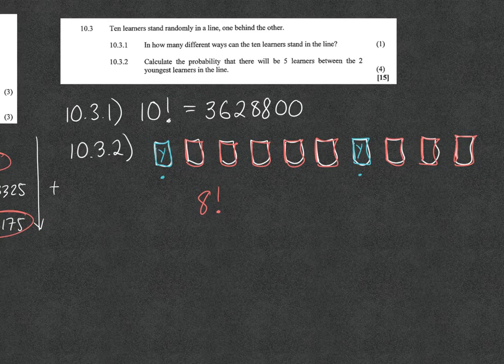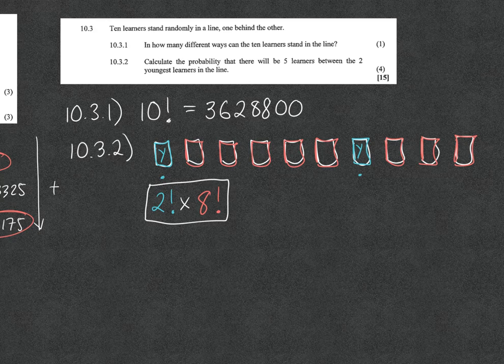And then you would say 2 factorial for the two youngest boys, because they can switch. There are 2 scenarios.